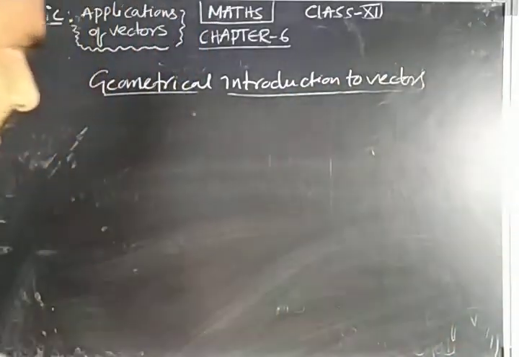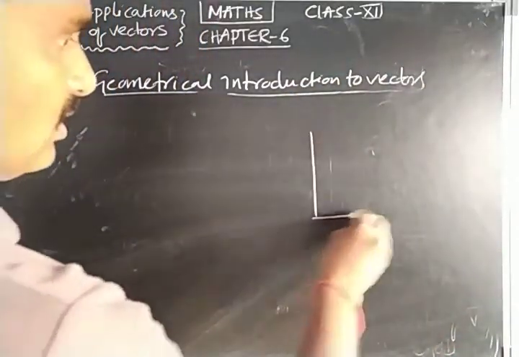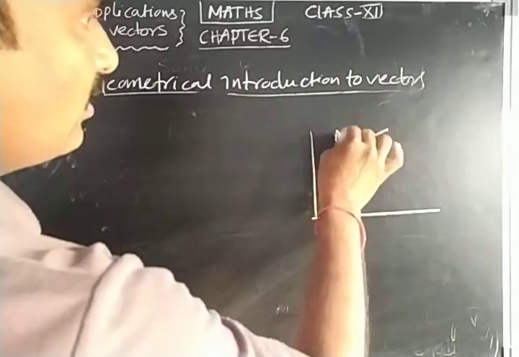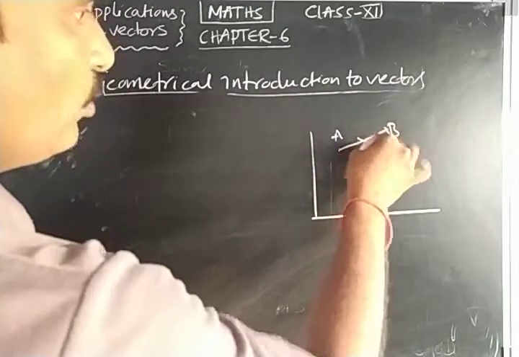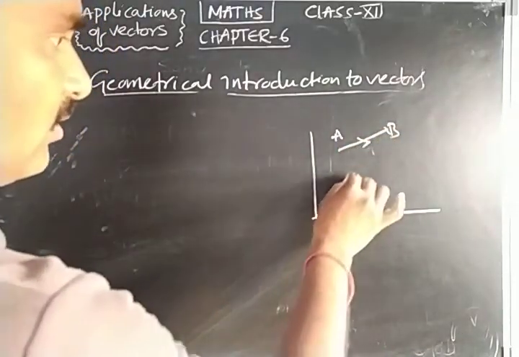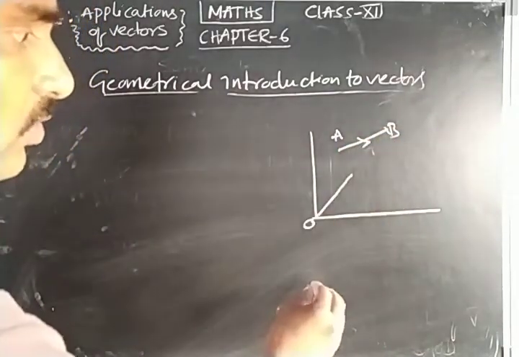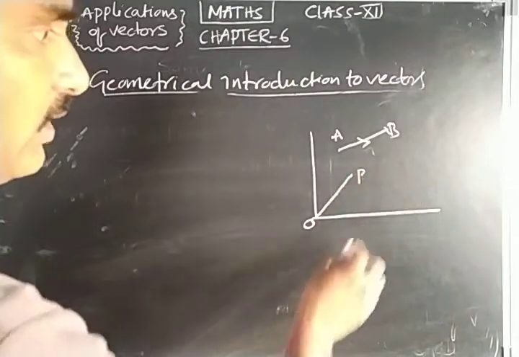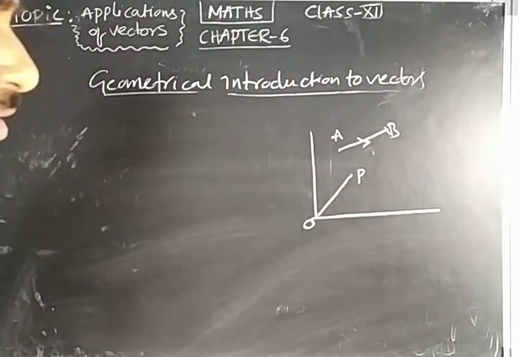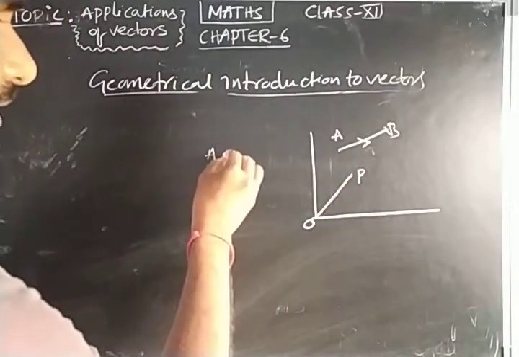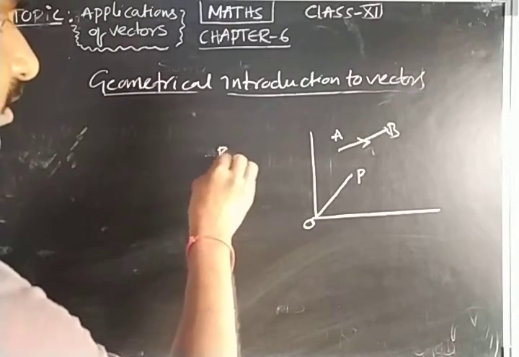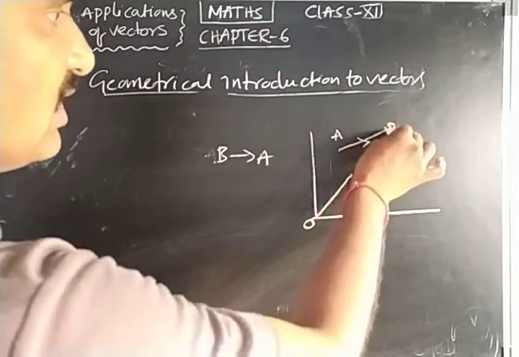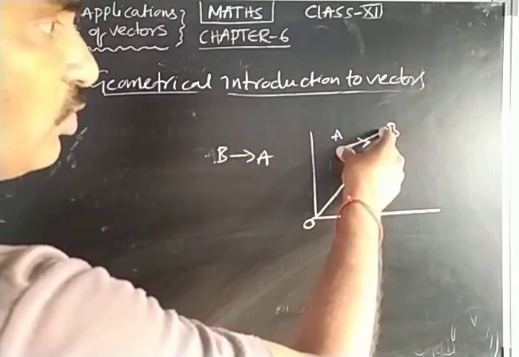Suppose this vector is A bar, I am taking the vector A to B, and I am coinciding the initial point with O and point B with P. Suppose A is tending to B, or B is tending to A. B tending to A means B is reaching A, then the magnitude will be 0.